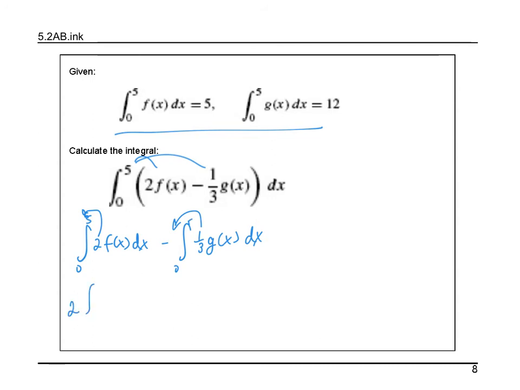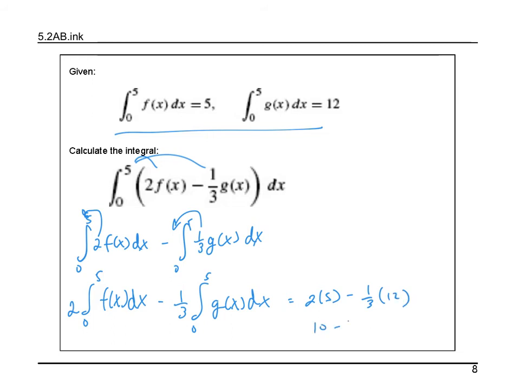So I have 2 times the integral from 0 to 5 of f of x dx minus 1/3 times the integral from 0 to 5 of g of x dx. I know that the first integral equals 5, the second integral equals 12. So I have 2 times 5 minus 1/3 times 12. 10 minus 4, or 6.